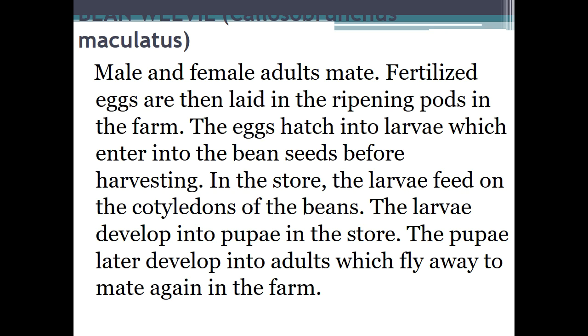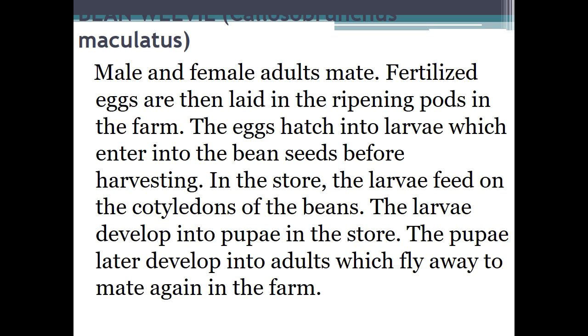So we find out that the life cycle of this insect begins in the field when the crop is yet to be harvested. Once these fertilized eggs are laid on the ripening pods in the farm, these eggs will hatch into the next stage, which is the larvae. And these larvae enter the seeds of the beans before harvesting, yet in the farm or in the field.